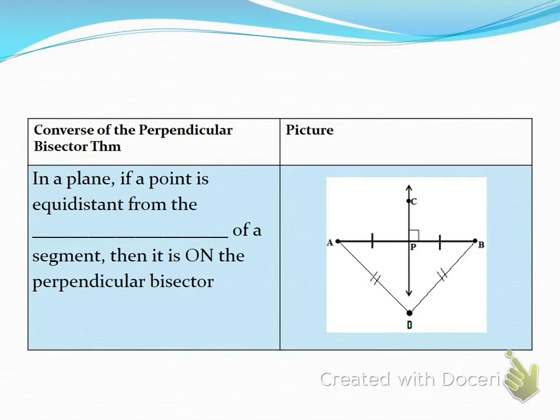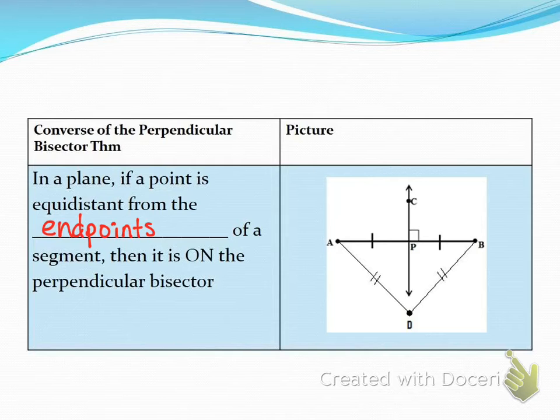Okay. Next up is the converse, which means we go the other way. If a point is equidistant from the endpoints of a segment, then it is on the perpendicular bisector.